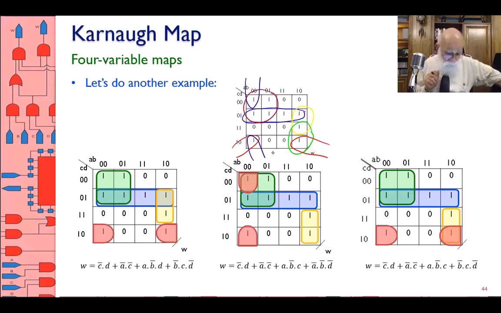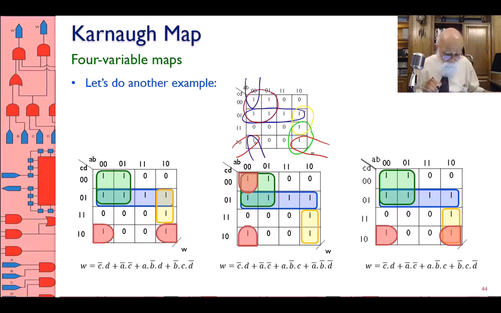All right, is the dark blue an essential prime implicant? No, it's not, because all the ones it is covering are covered by other prime implicants as well. How about the yellow one? Same thing with the yellow one. It covers two ones, and then the green covers one of the ones.